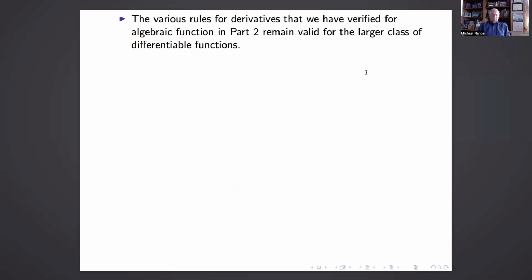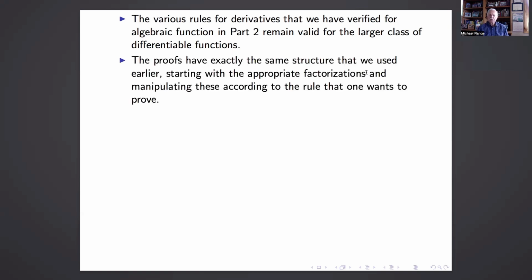Now, recall the various rules for derivatives that we had verified for algebraic functions in part 2. They turn out to remain valid for the larger class of differentiable functions. And the proofs have exactly the same structure that we used earlier, starting with the appropriate factorizations and manipulating these according to the rules that one wants to prove.